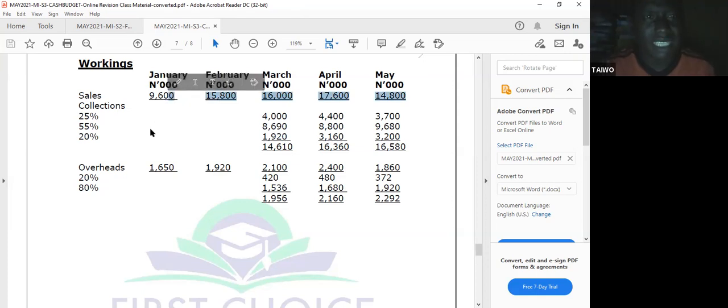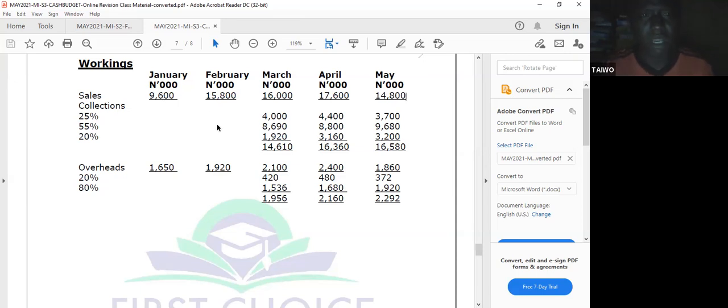Let's start with this 9,600 of January. 9,600 of January will be paid when? In January, 25% of it will be paid. We don't need it. In February, 55% of this 9,600, which is a month after January, will be paid in February.